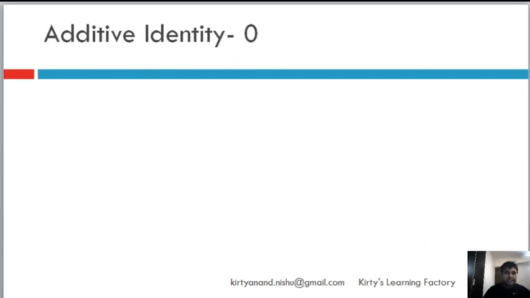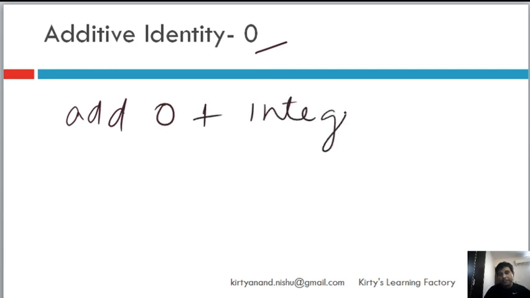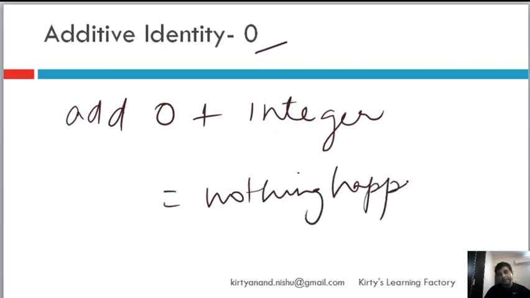Additive identity. What was that? We just studied additive inverse. So this is basically the concept of 0. When you add 0 to any integer, nothing happens.